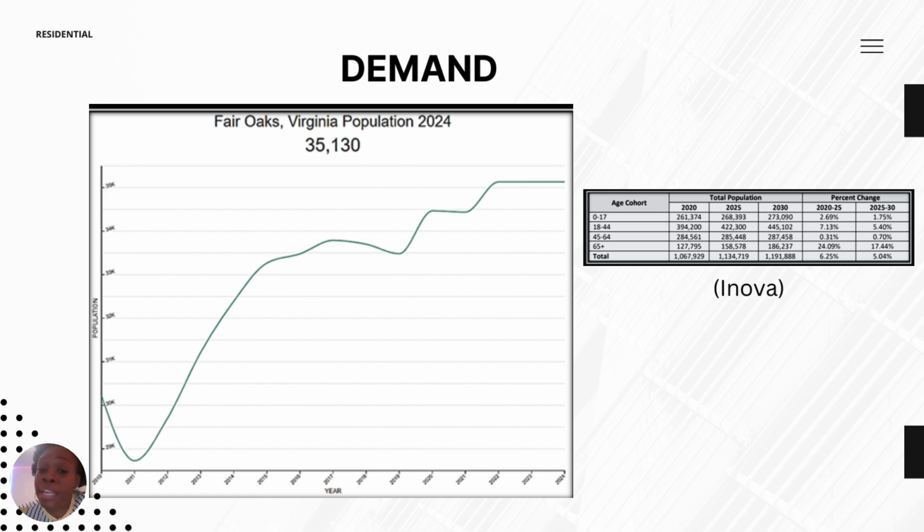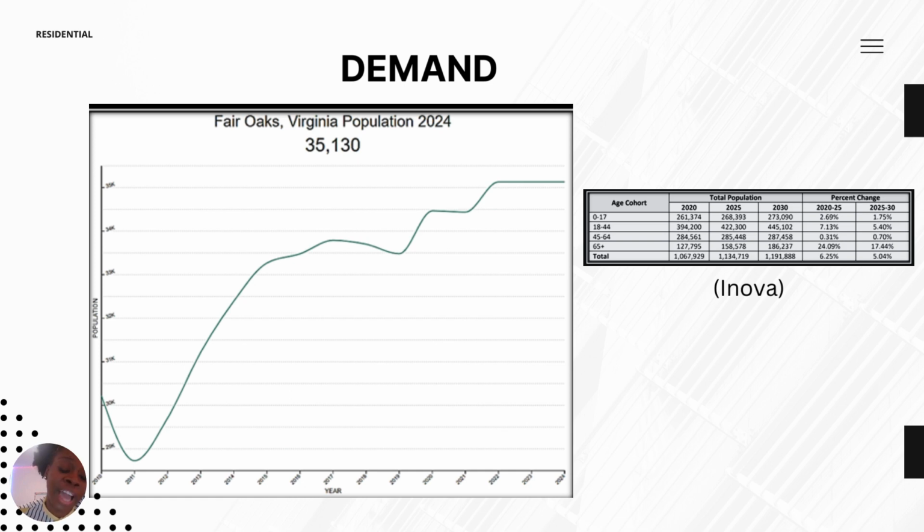So here is the demand. Even though in most recent years the demand has decreased, and a lot of the data that I and my peers, you guys, have gotten, when we look at a long-term view from 2010 to 2014, you can see all the fluctuations that have happened in the Fair Oaks, Virginia area.